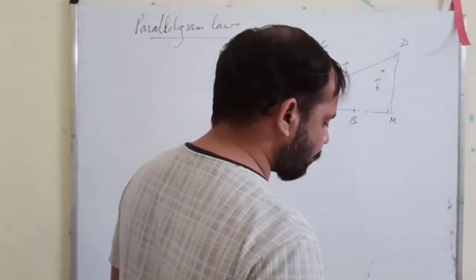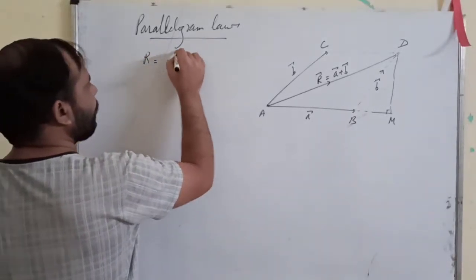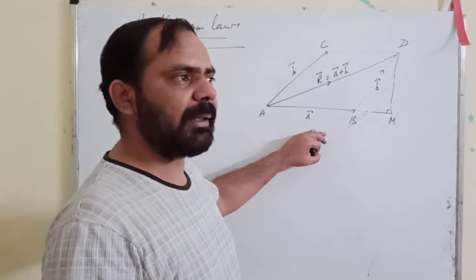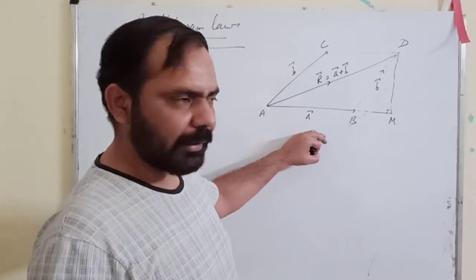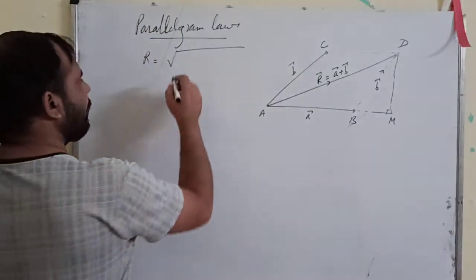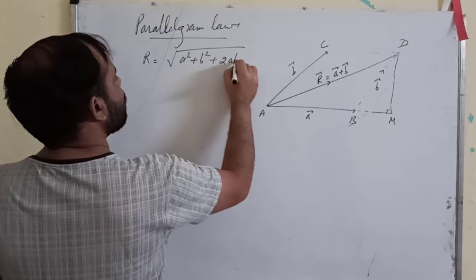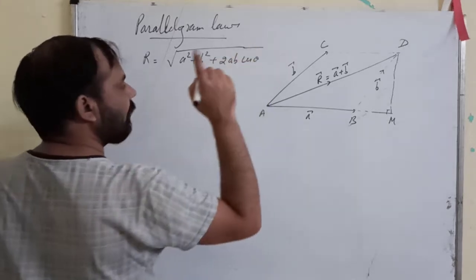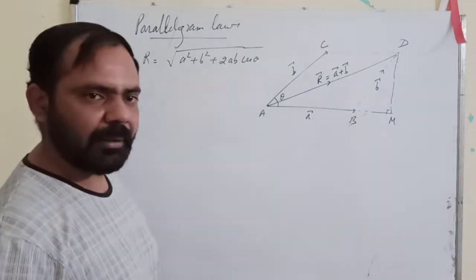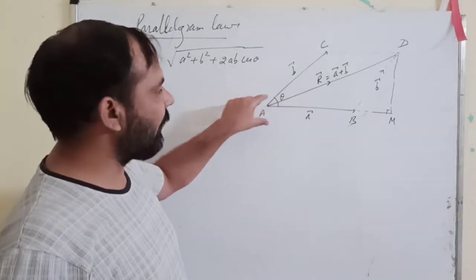Now how much will be R here? As I told you earlier, the parallelogram law is nothing but an extension of the triangle law only. So the magnitude of the resultant will remain the same: R square is A square plus B square plus 2AB cos theta. What is theta? Theta is the angle between the vectors. Your vectors are already co-initial, so no need to make them co-initial.